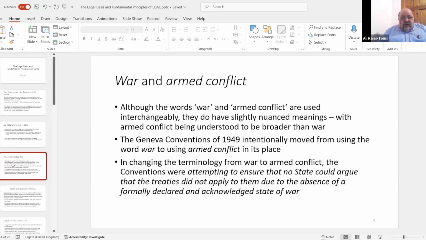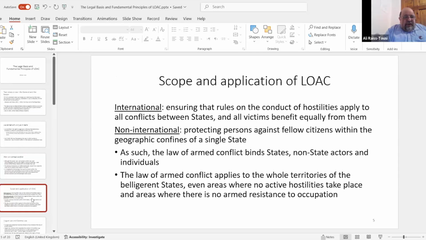And because there are armed hostilities, therefore, the rules of jus in bello, whether they are in the Geneva Conventions or in earlier Hague Conventions or in other treaties signed after the Geneva Conventions dealing with specific issues, they will all apply. So we have to be aware of the terminology and the nuances between the different words.